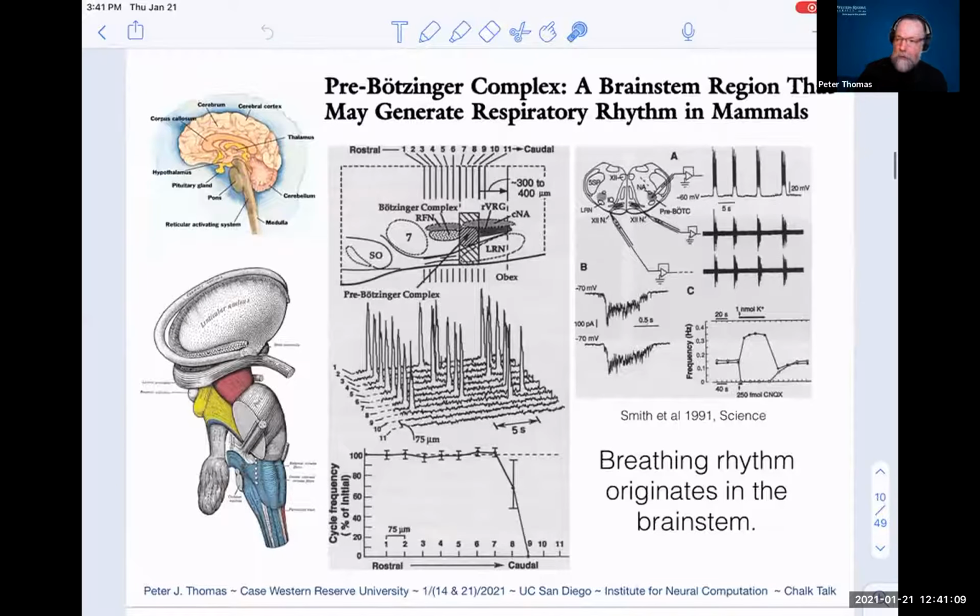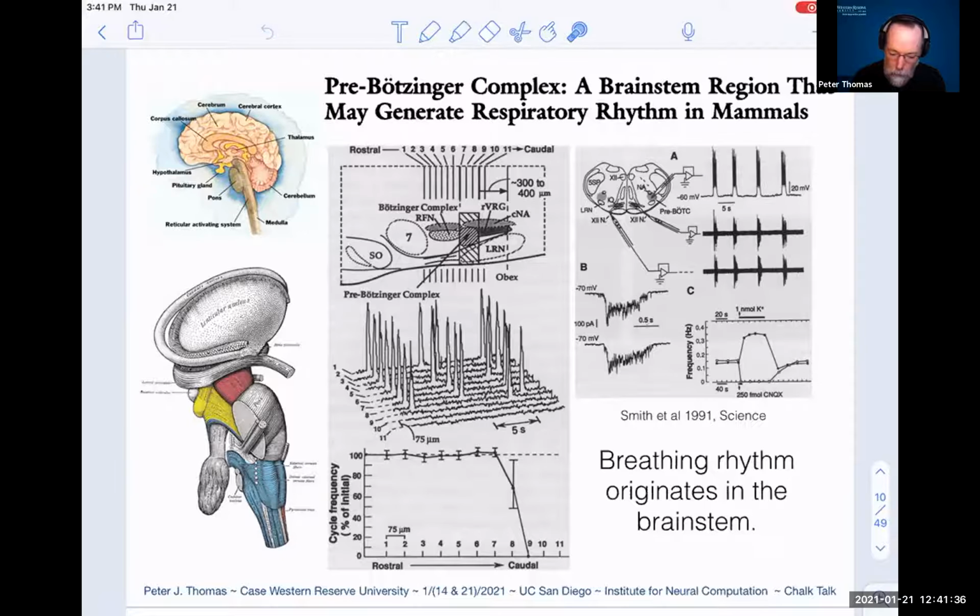But now I'm going to step back a couple of decades to when the area of the brain that is responsible for producing the most basic part of the breathing rhythm, which is an inspiration, an inward drawing of breath in a periodic fashion, was isolated in a landmark series of experiments done by Jeff Smith, who's at NIH.